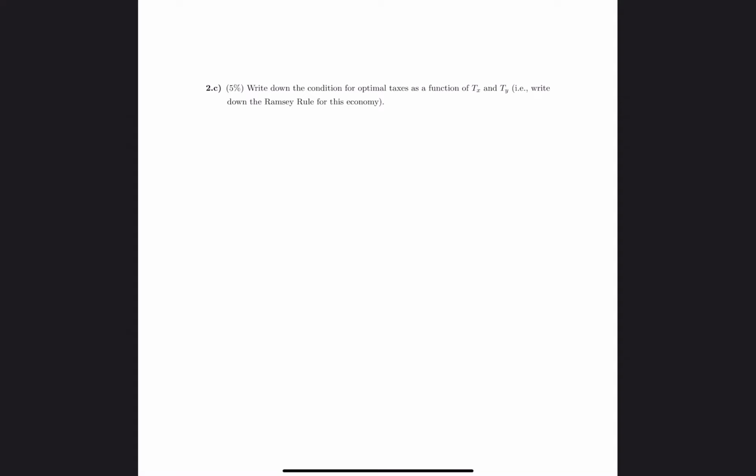Then we come to the condition which determines the optimal taxes for good X and Y, so the optimal commodity taxes. We are asked the following: write down the condition for optimal taxes as a function of tx and ty. In particular, write down the Ramsey rule for this economy.